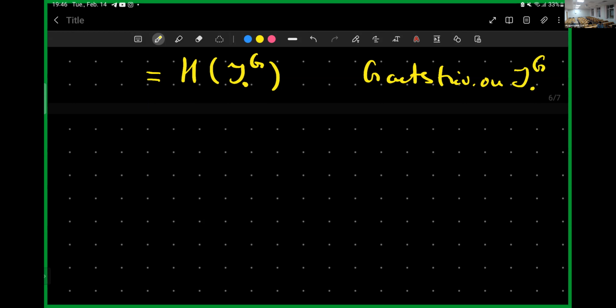Now, Dima, Volodya, Simon, and Grisha, does any of it make any sense? Yeah, it's quite clear. Okay, so now we understand where the Hochschild spectral sequence comes from.